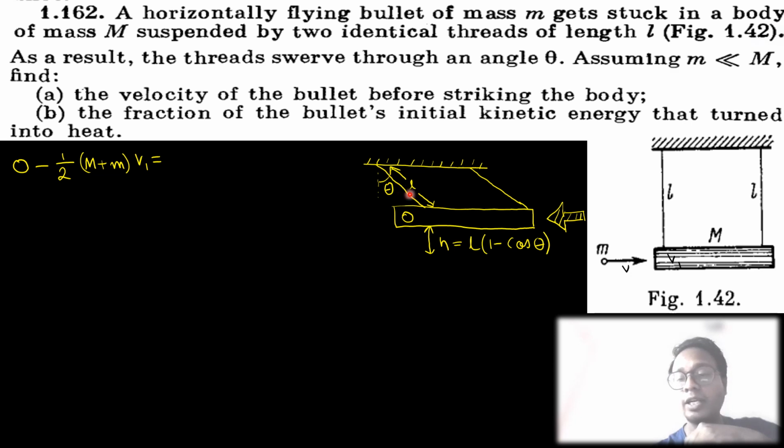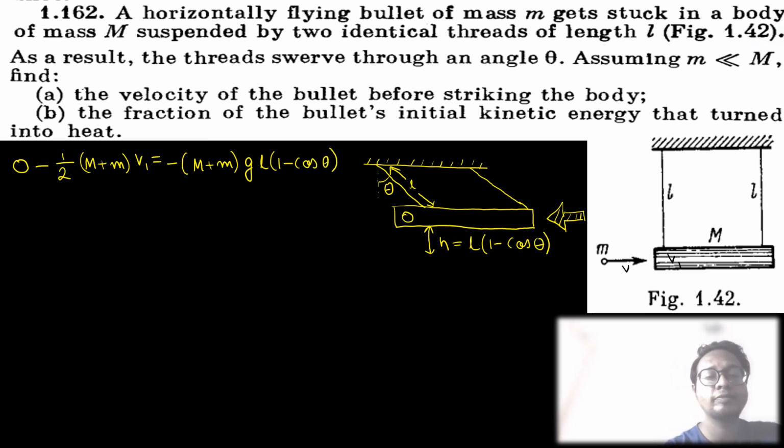So work done by tension force out here is equal to 0. So the only work done out here is gravity work. The work done by gravity is mass of the system into g into h, where h can be replaced by L into 1 minus cos theta. Now what I do out here is I solve this problem for velocity v1.